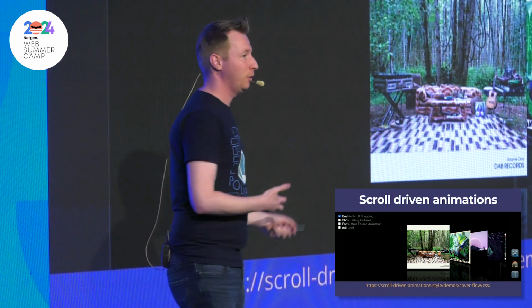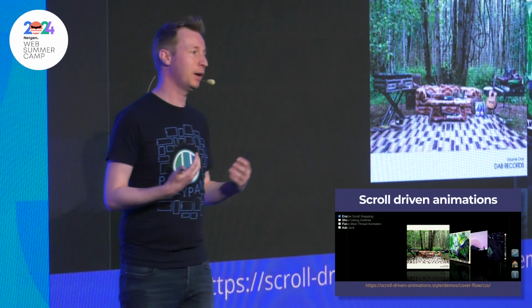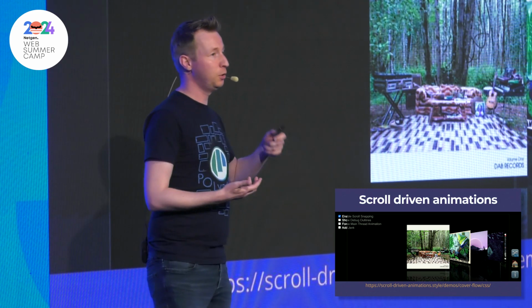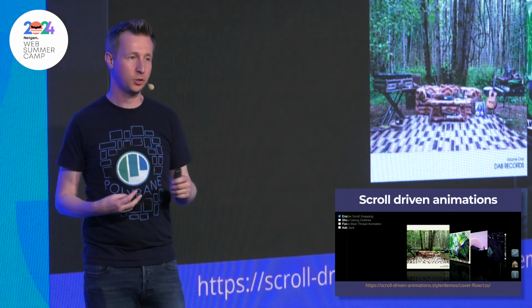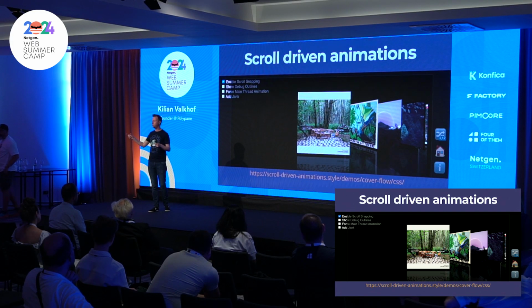So doing any parallax on a page is really cool, and there are some very nice JavaScript frameworks that help you do that, like GreenSock. But there's a new spec called scroll-driven animations that let you control the animation of any element based on the scroll position of any other element on the page.